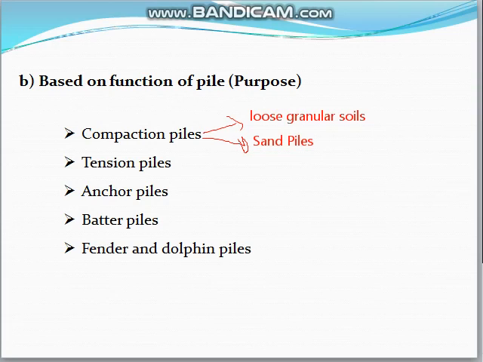Okay. Next, coming to the second one, tension piles. These piles are also called uplift piles. Generally, these piles are used to anchor down structures which are subjected to uplift pressure due to hydrostatic force.